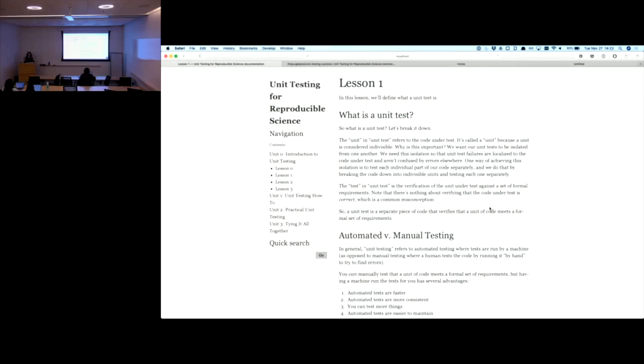The test part of unit test is just the verification that the code under test is working. So a unit test cannot prove that your code is correct. This is a pretty common misconception with unit testing. But what it can do is say, does my code perform correctly against a given set of formal requirements?